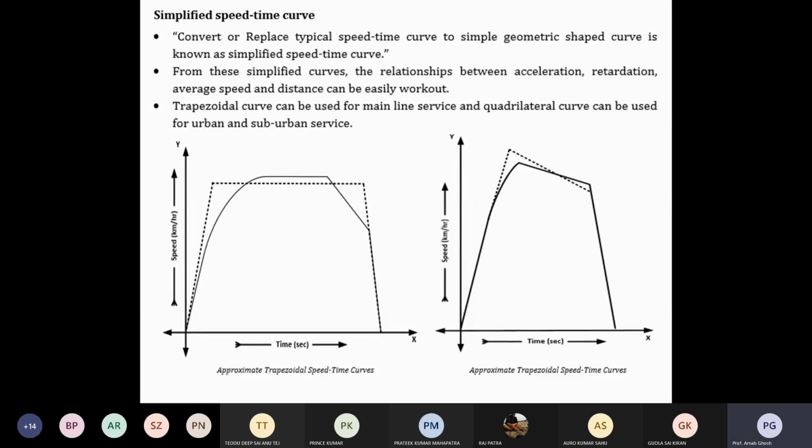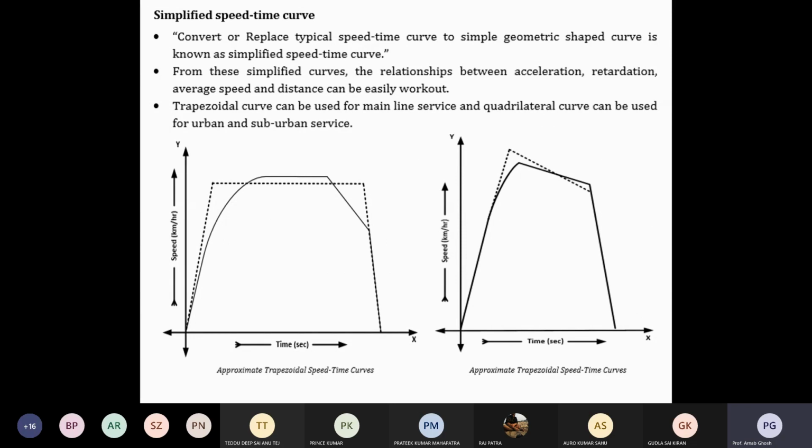So basically what we have observed is that the trapezoidal nature can be considered for mainline transportation, and for urban and suburban we consider the quadrilateral concept.